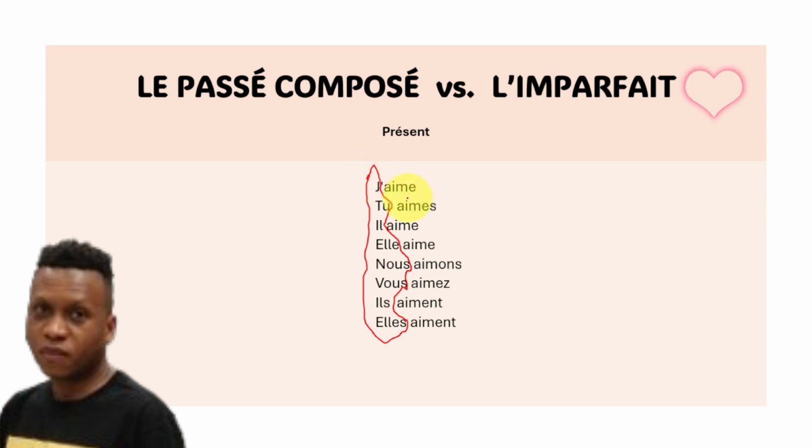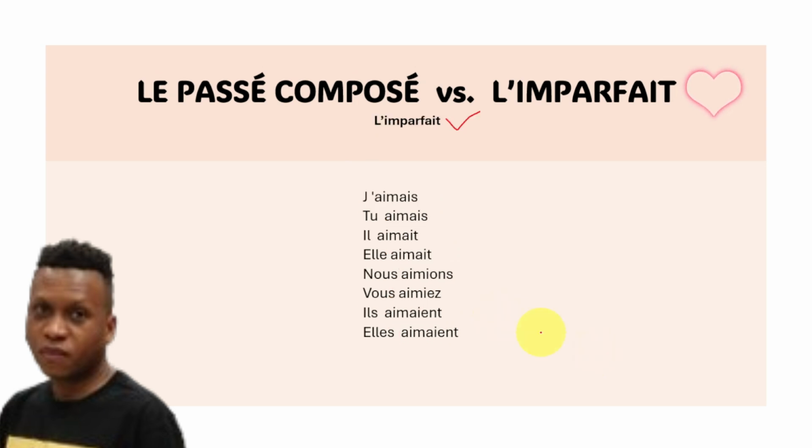Now, when you take a look, this the end, this the end, this the end, the same. This one, different. We got S at the end. So you have to be careful around here, the spelling. Okay? Be careful.